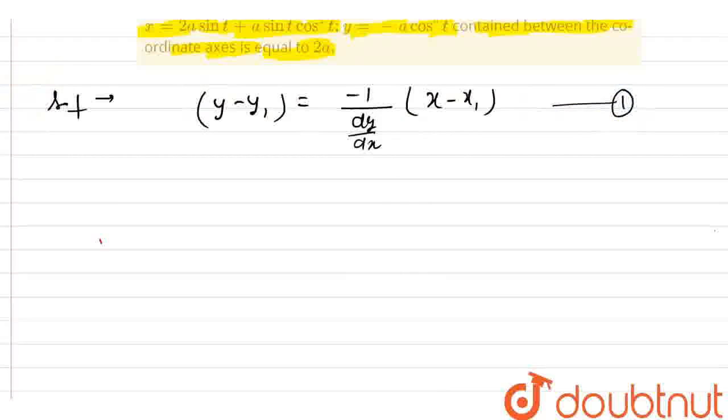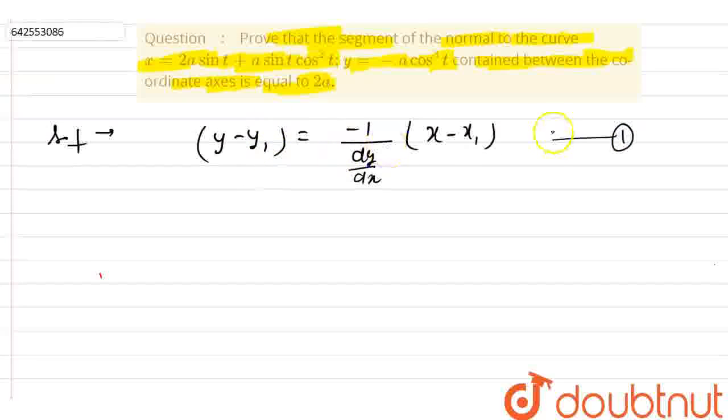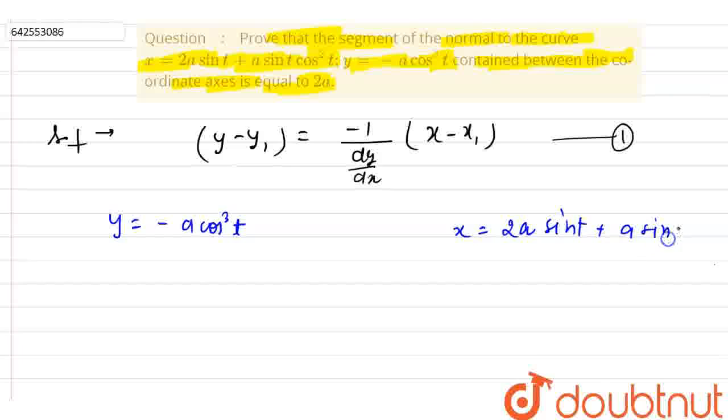Now we have been given y1 and x1. We have to find dy/dx. So first of all, I'm writing my y. My y is given as -a cos³ t, and my x is given as 2a sin t + a sin t cos² t.